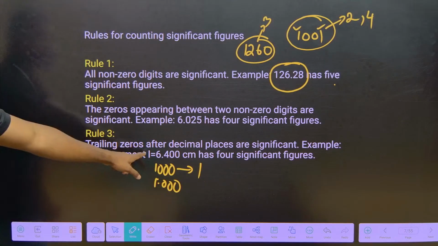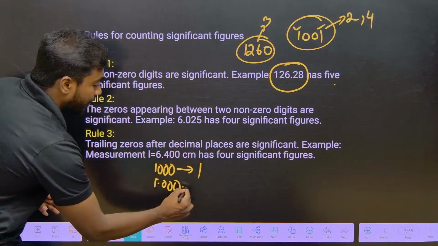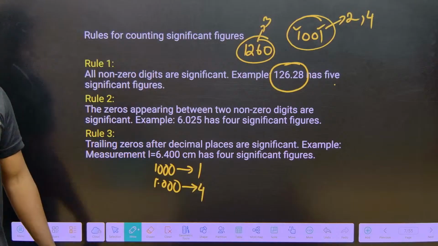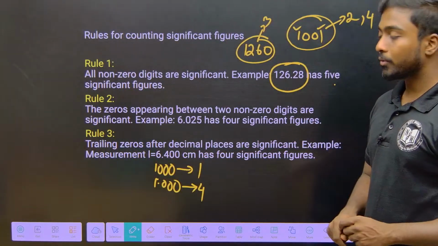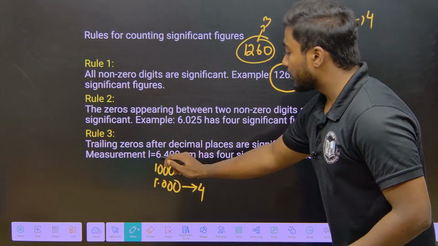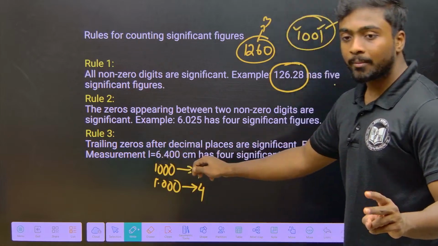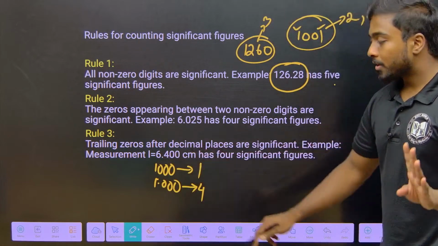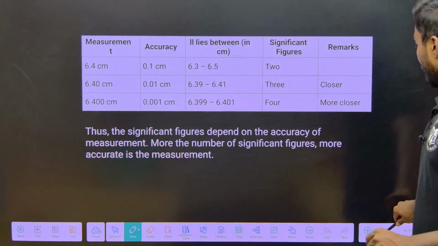Third rule: trailing zeros after decimal places are significant. So I can say here 4 significant. A similar example is L equal to 6.400 centimeter, which has 4 significant. 6 is 1 significant, 4 is 1 significant, and the zeros after the decimal point, 2 zeros, so totally 4 significant. Any doubt in rules number 1, 2, 3?